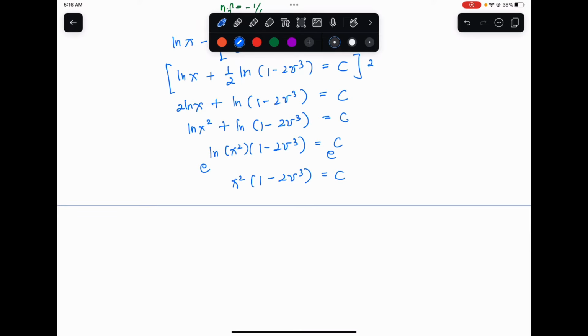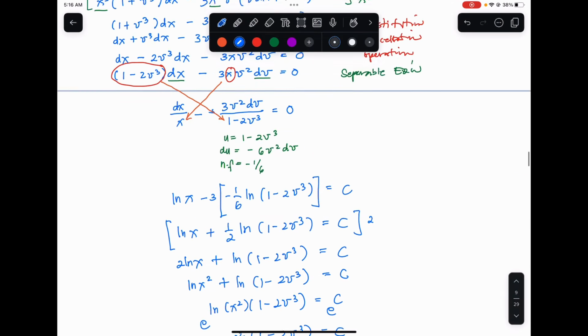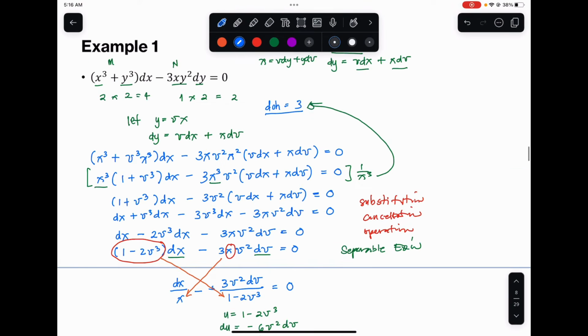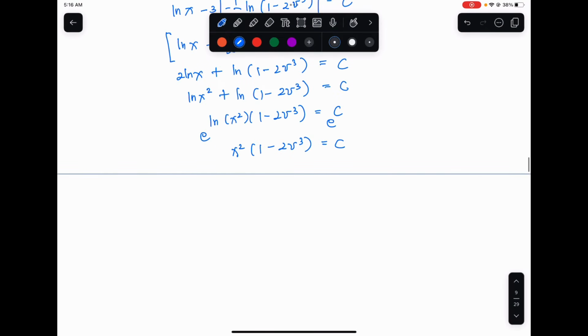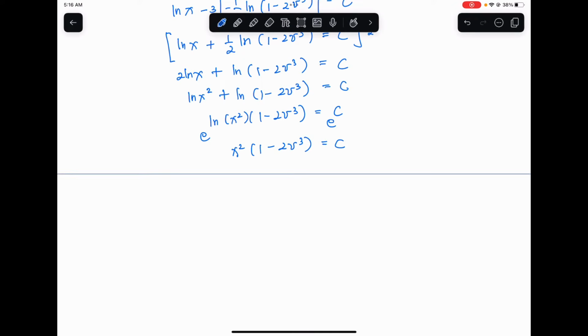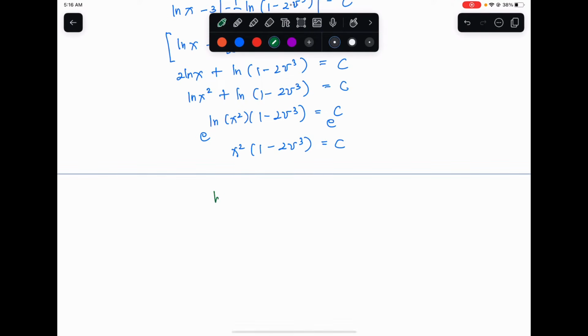Remember that what we substituted is y equals vx. Therefore, v is equal to y over x.